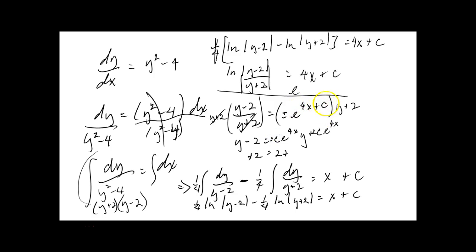Up here they were doing C1 or C2 or something, because e to the 4x plus c is the same as e to the 4x times e to the c. And e to the c is just a constant. So let's make that our new c, okay? You could have subscripts for each one. It's just a constant, so we can make it a c.